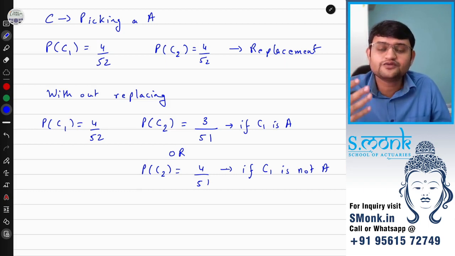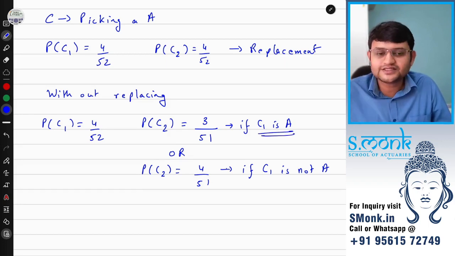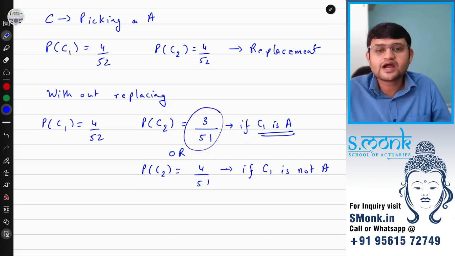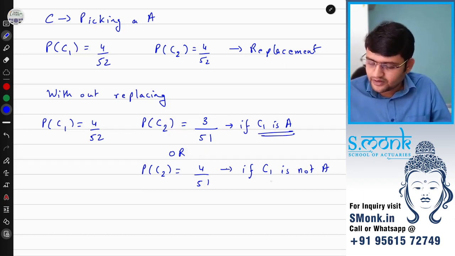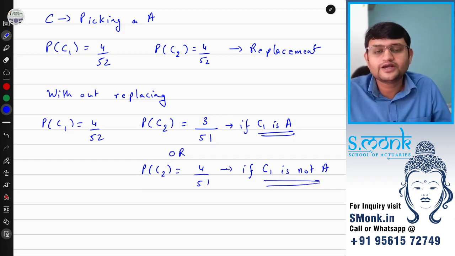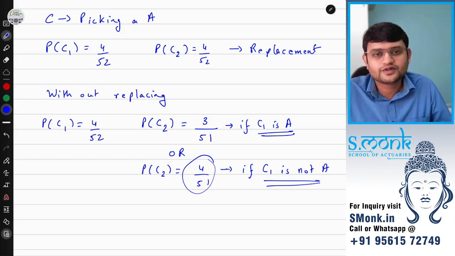Whether the first event happened or not will affect the probabilities of the second event. Similarly, if C1 is not an ace, then the probability of the second card being an ace is 4 by 51.